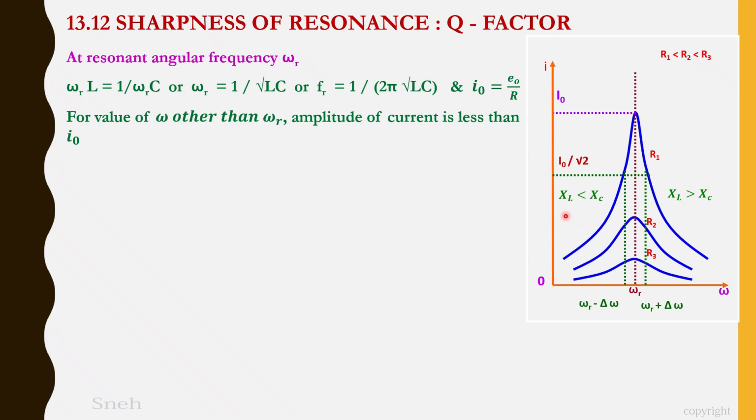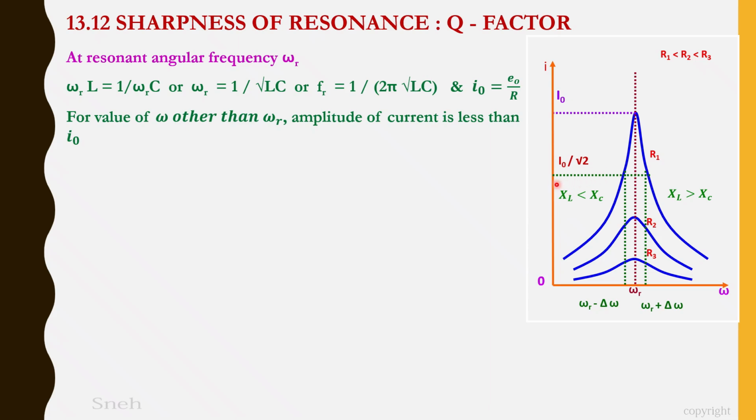What does this left side indicate? The left side indicates that inductive reactance XL is less than capacitive reactance for the series resonant circuit. This omega r is giving me the maximum current. For all other values of omega, on the left side as well as on the right side, the current is less than I0. Now here I'm choosing the value of I which is I0 by root 2.